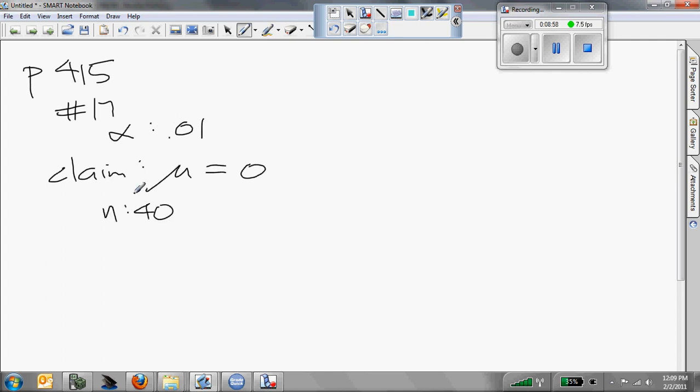There are 40 values. They have a sample mean of 117.3 and a sample standard deviation of 185. Again, if the population standard deviation is given, it will clearly say population standard deviation or sigma. So we do not know the population standard deviation, therefore we're going to use the t-test.